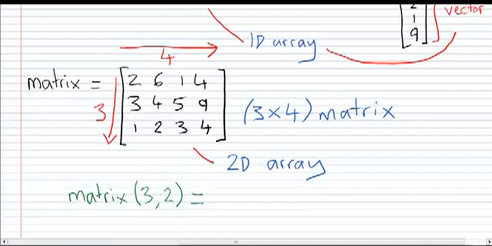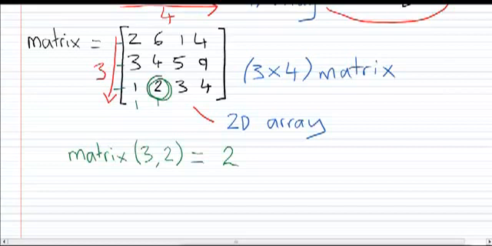So we would go to row 1, 2, 3 and then read across to column 1, 2, and we would take this value here. So the value stored at index 3, 2 of our matrix, which we've just called matrix, is equal to 2.